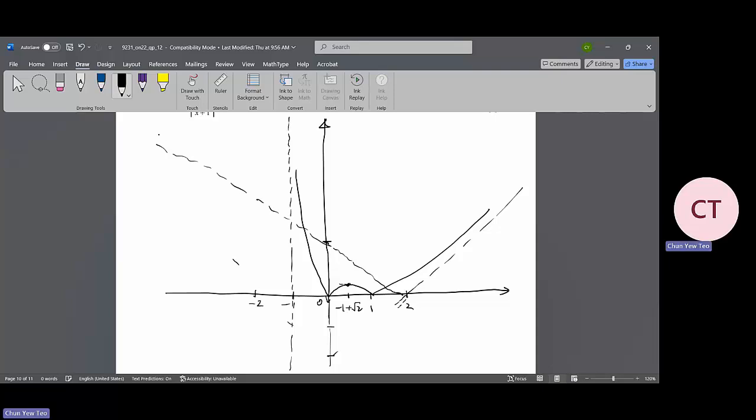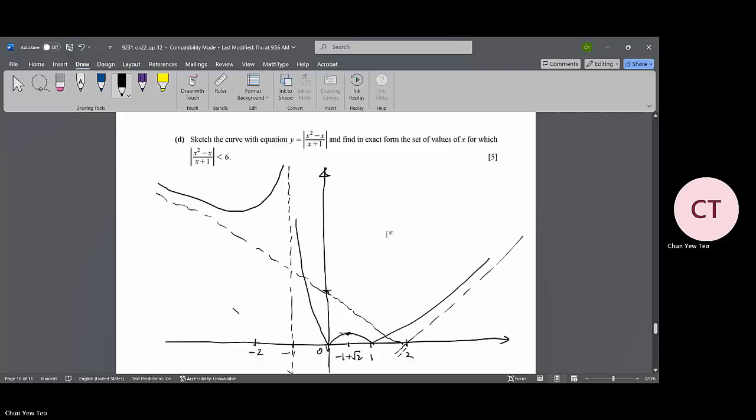So your graph will become something like this. So this point will be -1 minus 2√2.